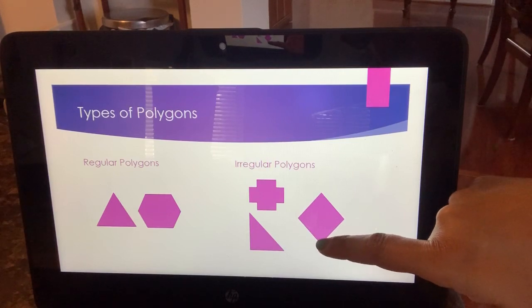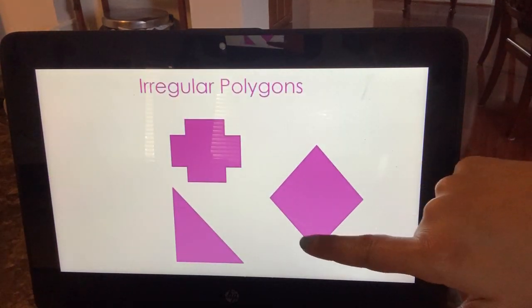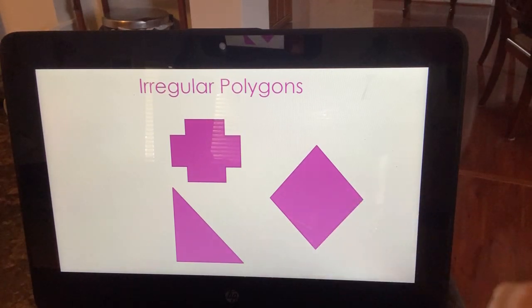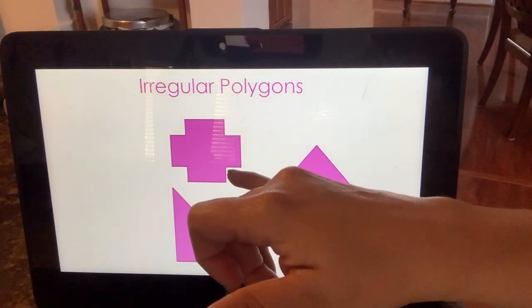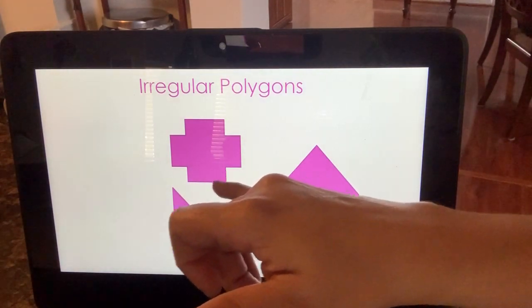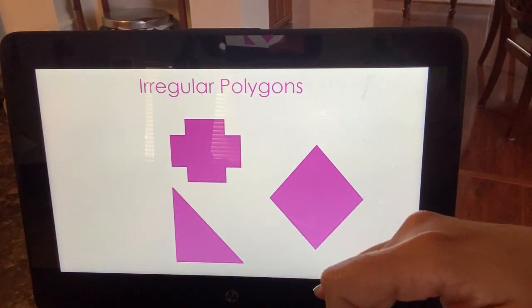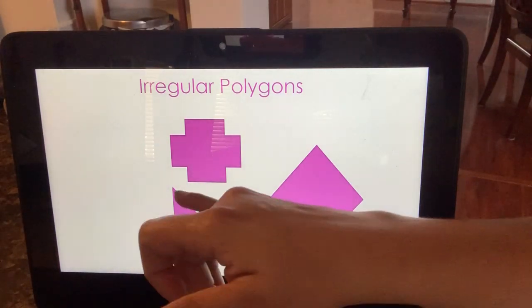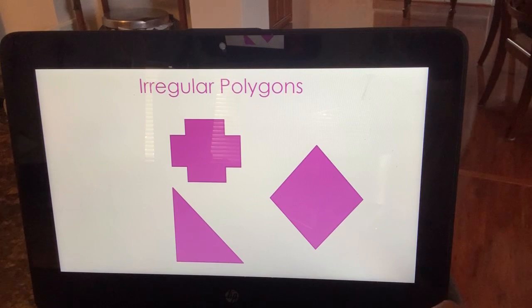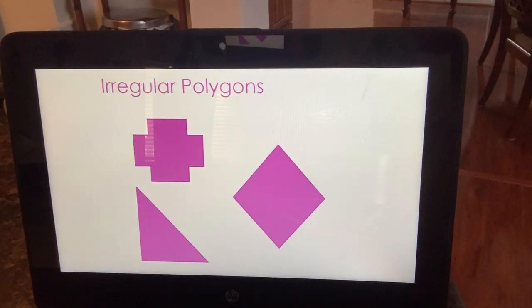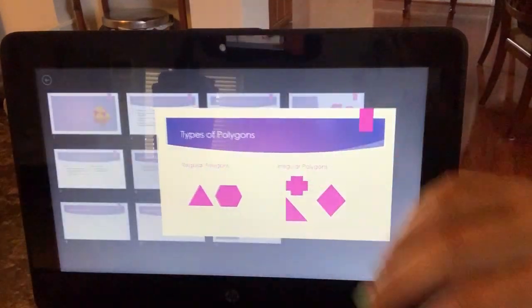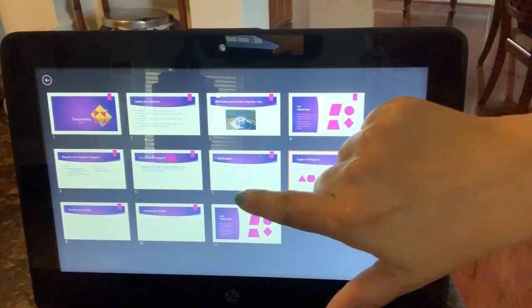You see down here, that particular angle is way bigger than this one here. So therefore, it's irregular. This side here on this polygon is smaller than that one, so that's irregular. In this triangle, that line here is way longer than the other two, so that's irregular. Okay? That's what makes an irregular polygon as opposed to a regular one.